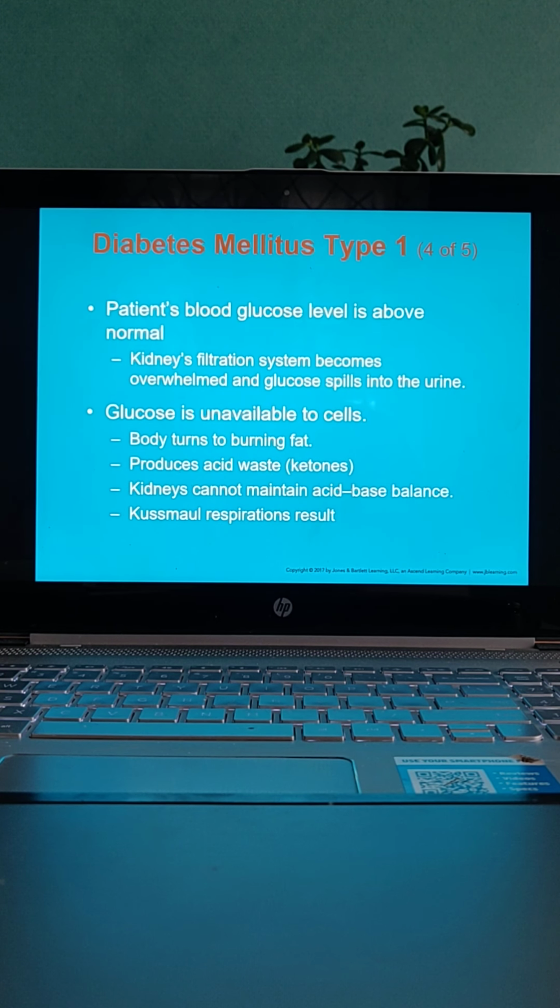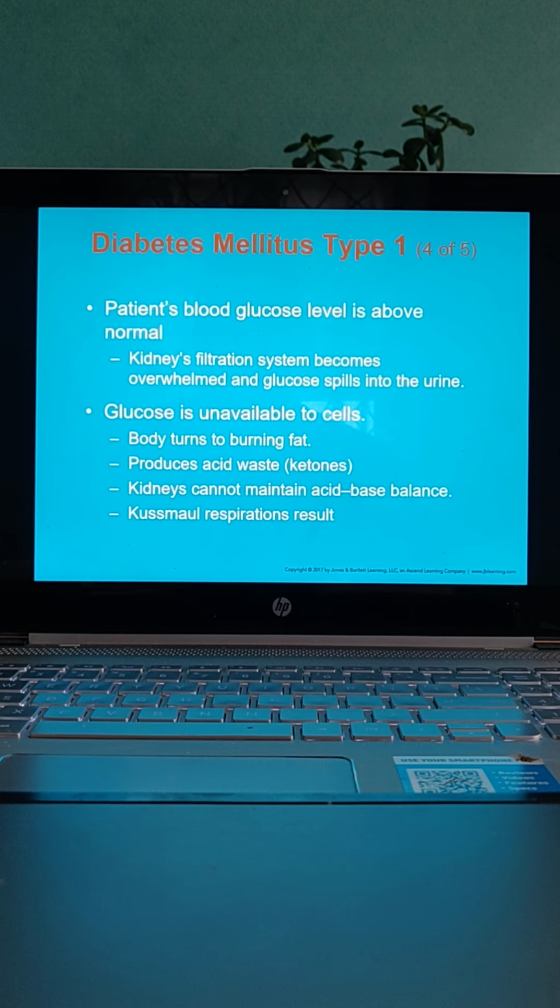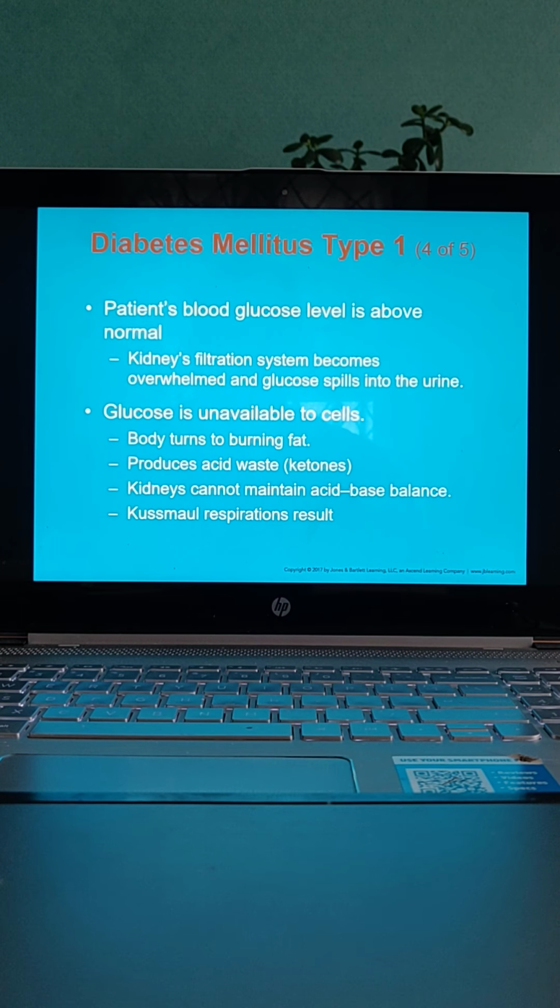Diabetes mellitus type 1 patient's blood glucose level is above normal, which is over 120. The kidney's filtration system becomes overwhelmed and glucose spills into the urine. Glucose is unavailable to the cells. The body turns to burning fat and produces acid waste known as ketones.